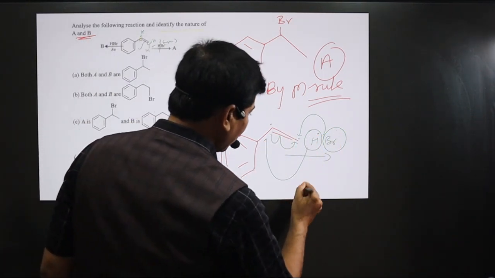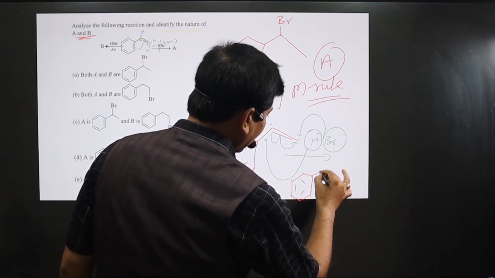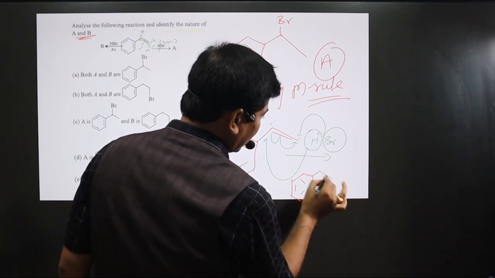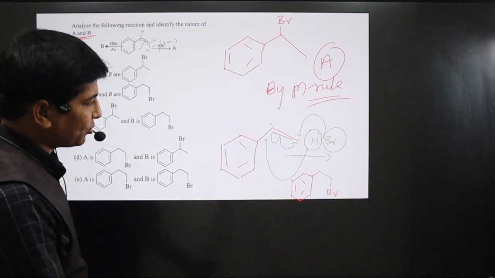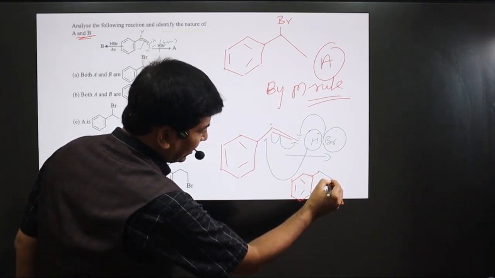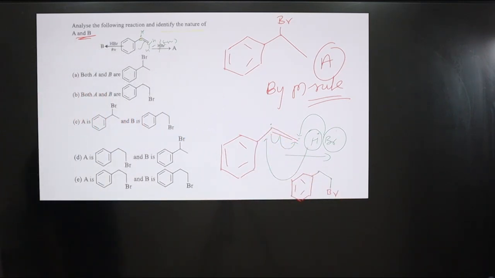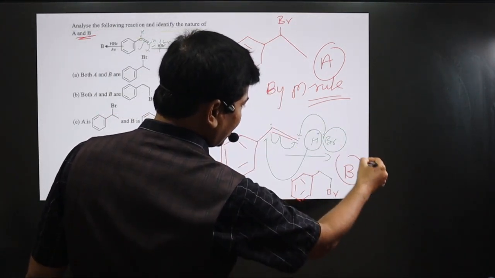So you get the product. Let me write the product. The benzene ring is there as it is, hydrogen is connected here, and Br attaches to the second carbon. So this is the A product and this is the B product.